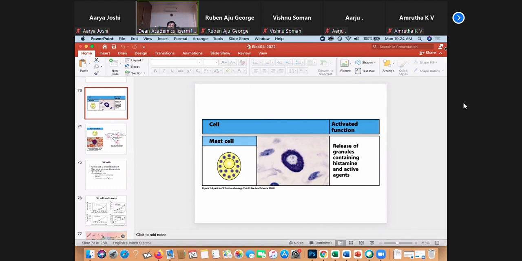Depending on how these cells get activated, what kind of protection they can provide, and whether they recognize limited sets of antigens or recognize patterns, this is how you tend to divide your innate and adaptive immune responses, right?